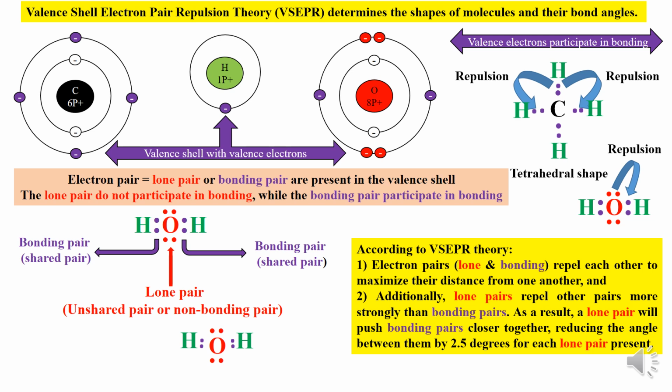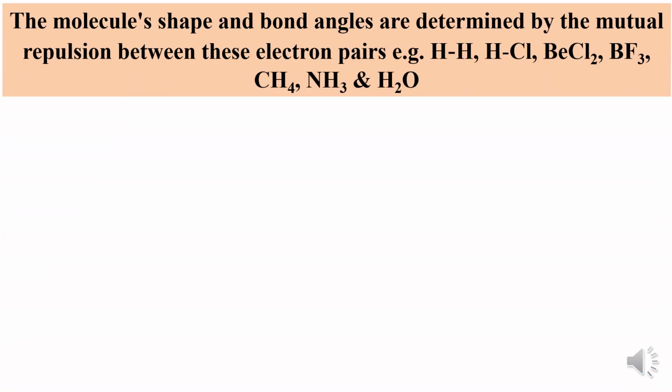So tetrahedral shape in case of methane molecule, and bent shape in case of water molecule. So the molecule shape and bond angles are determined by the mutual repulsion between these electron pairs.